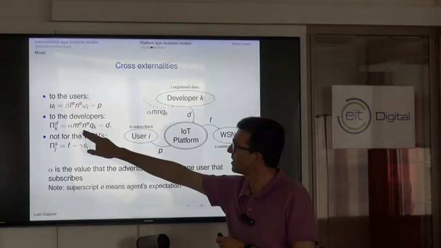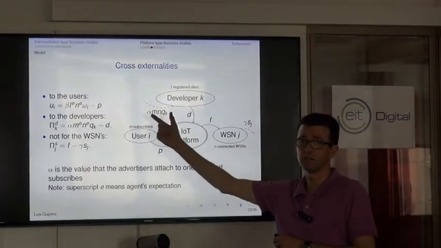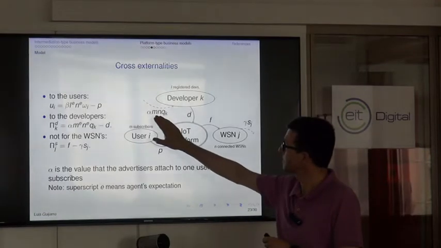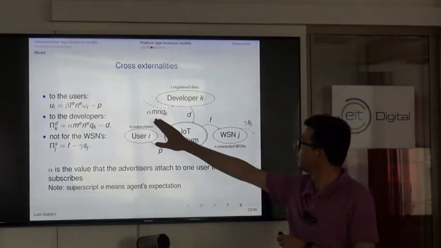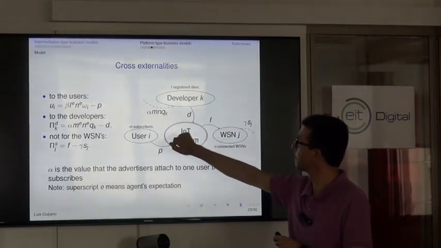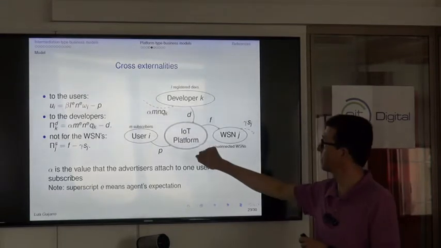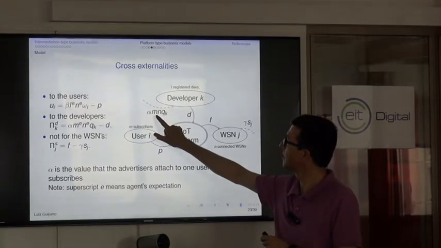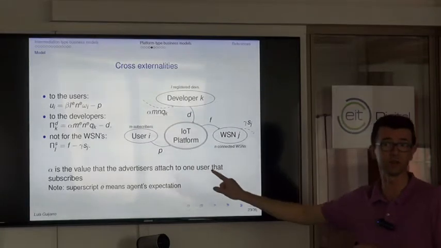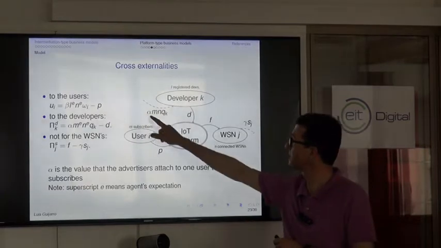We have a utility for the developers, which is the profit: advertising revenue minus the fee paid to the platform. And this advertising revenue increases with the quality of the developer, QK, with the total number of sensor networks that connect to the platform, and increases with the total number of subscribers, since it is an advertising revenue. So it makes sense that it increases with M. And this alpha is a scalar.